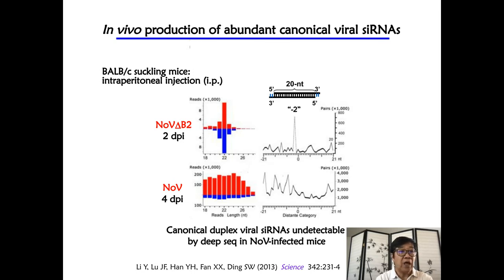However, canonical viral siRNAs were undetectable in suckling mice infected by the wild-type Nodamura virus, showing that Delta B2 virus clearance in vivo was accompanied by production of highly abundant viral siRNA, and these siRNAs are not visible during lethal infection by wild-type Nodamura virus.